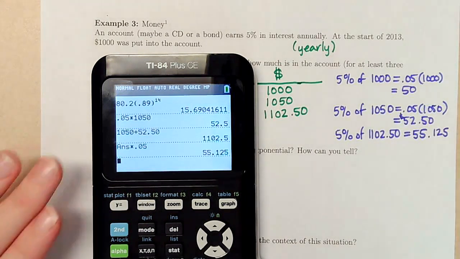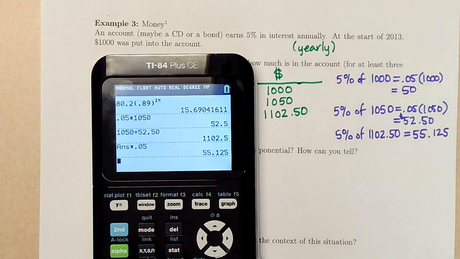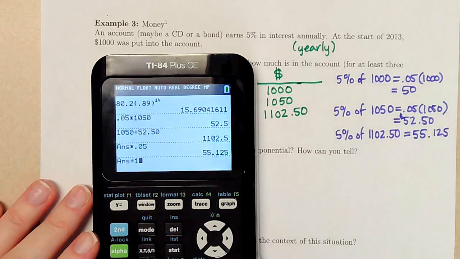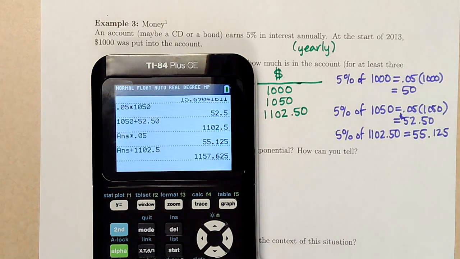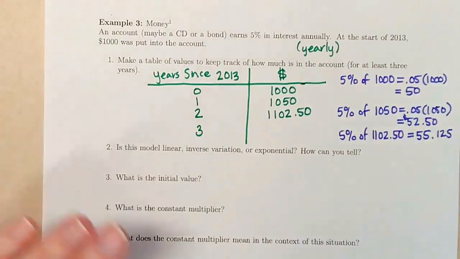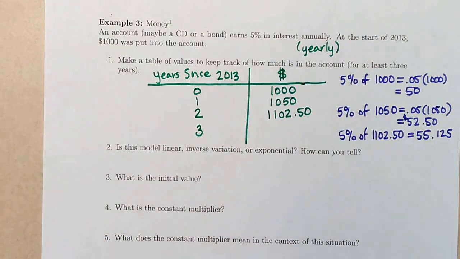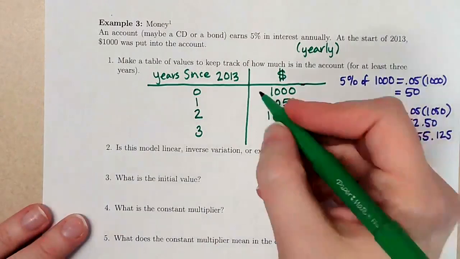Looks like we're going to have to make a choice to round up or down now. We need to add that to the $1,102.50 that we already had in there. So add our interest, and we're going to round down to keep it safe because it's our savings account. We never want to overestimate how much is in our savings.